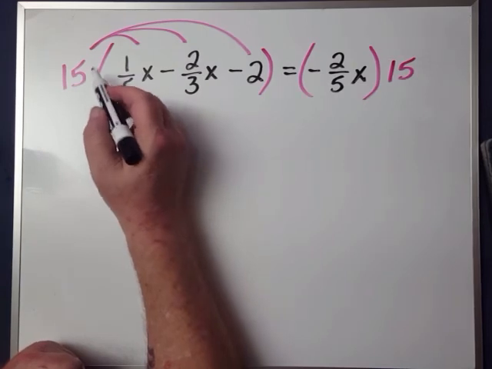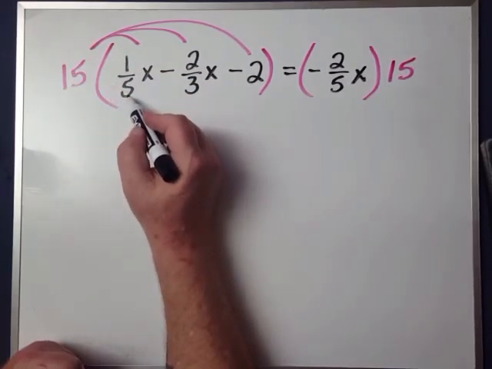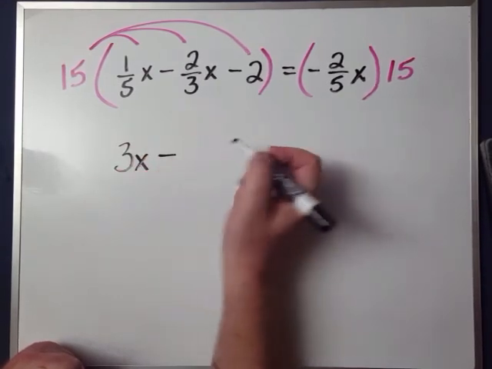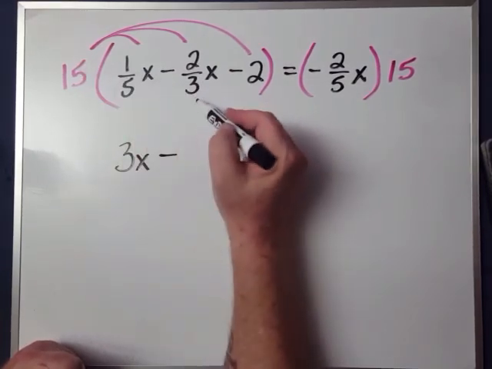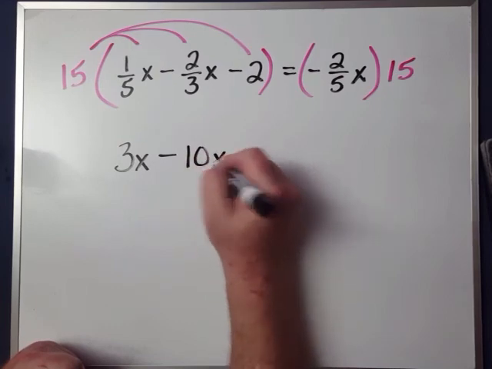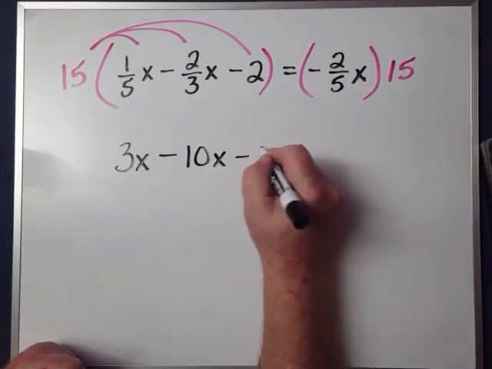Here we go. 15 times 1/5. 15 divided by 5 is 3. Times 1 is 3. 3x. And minus 15 times 2/3. 15 divided by 3 is 5. Times 2 is 10. No mystery here. 15 times minus 2 is minus 30.